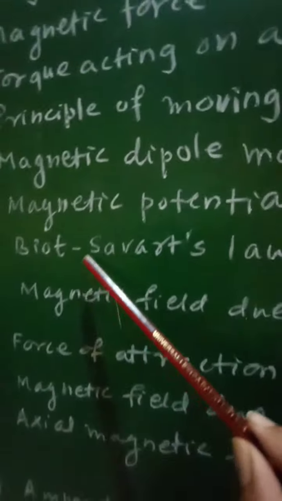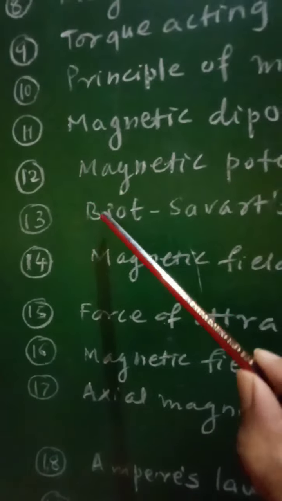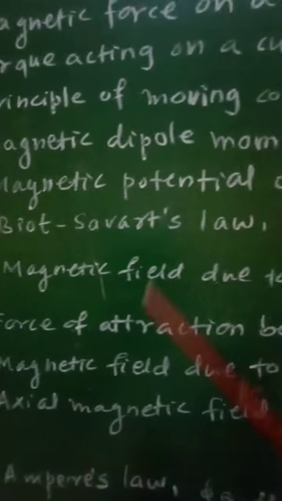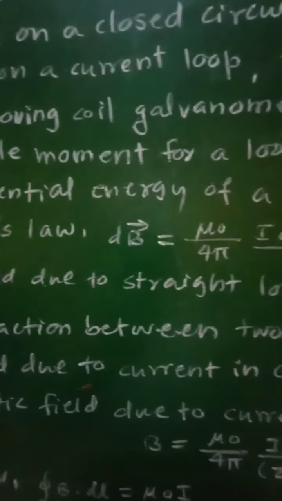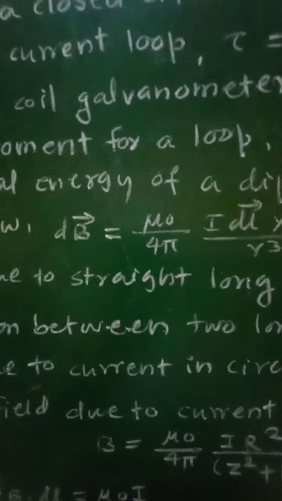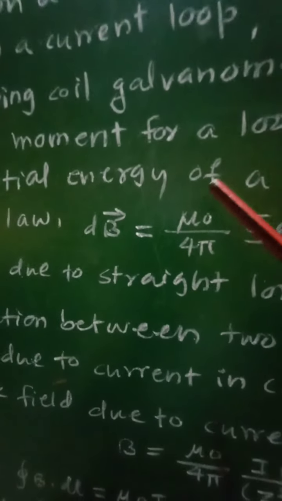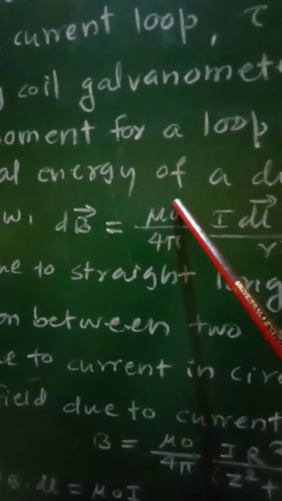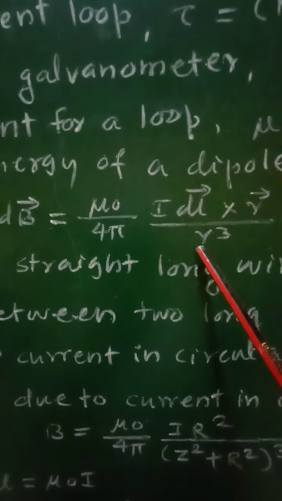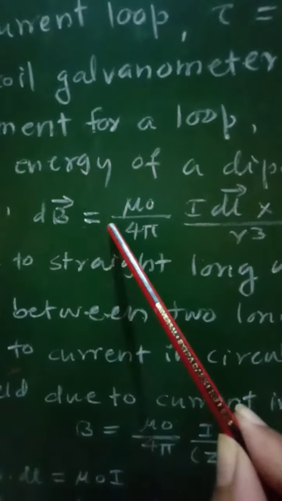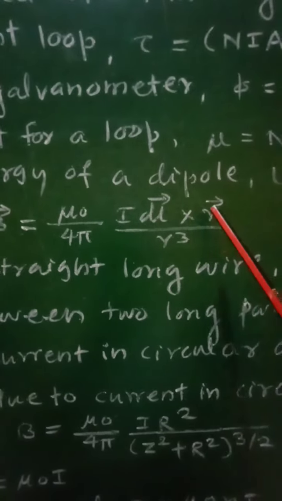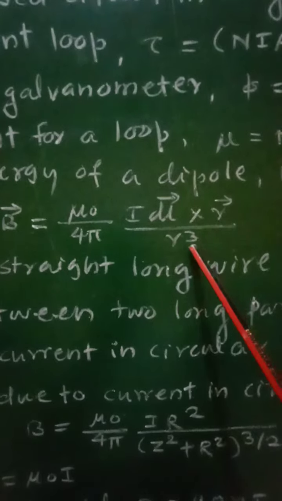Then 13th formula gives Biot-Savart law, that is magnetic field at a point due to an element of a conductor carrying current, and it is given as dB equal to mu 0 upon 4 pi I dl cross r upon r cube.